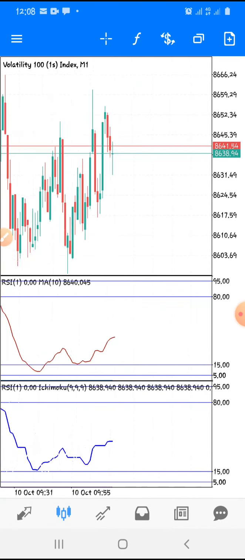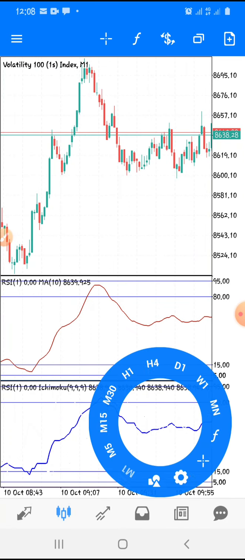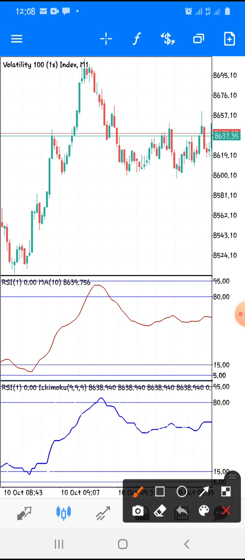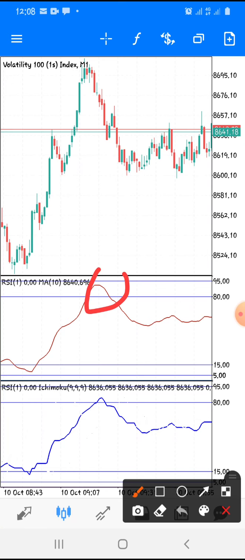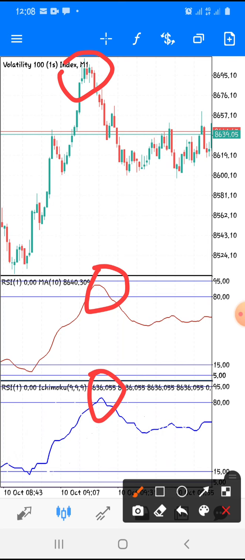Also you can observe from our example here. You see the market, you see what I'm talking about. I can assure you, if somebody took that sell, we'll be making a lot of money.